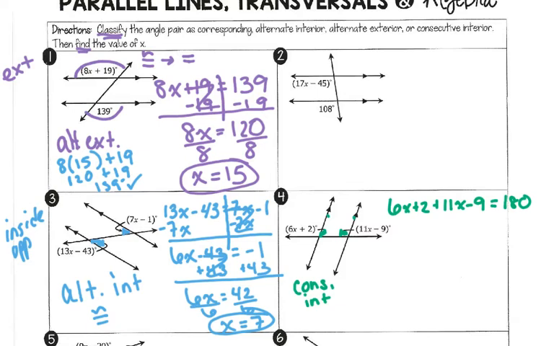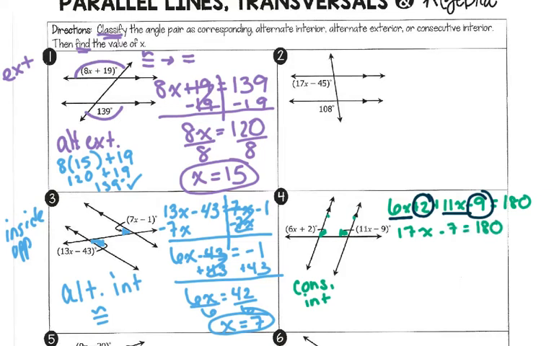Now in order to solve this, you're first going to have to combine like terms. So that's going to give you 17x. And then combining your other set of like terms, that'll give you negative 7 is equal to 180.